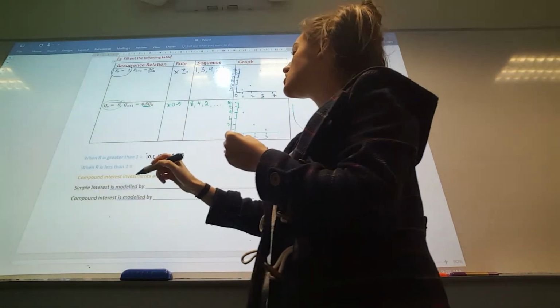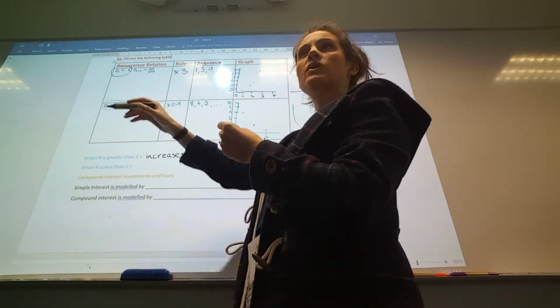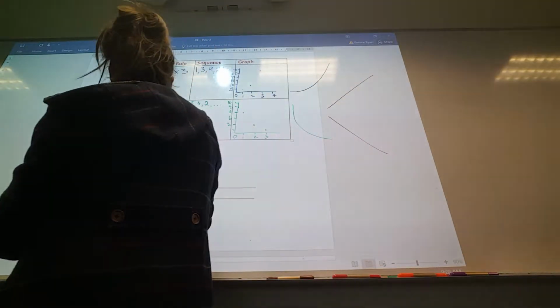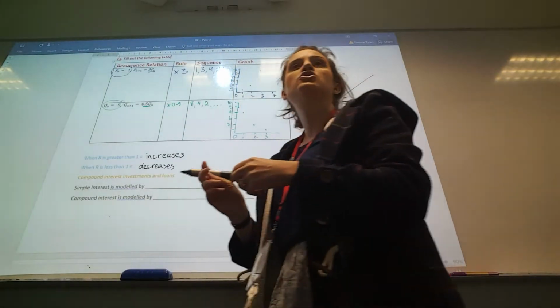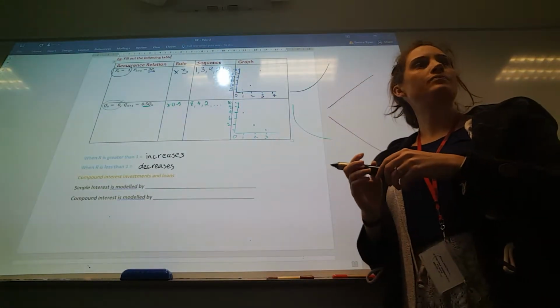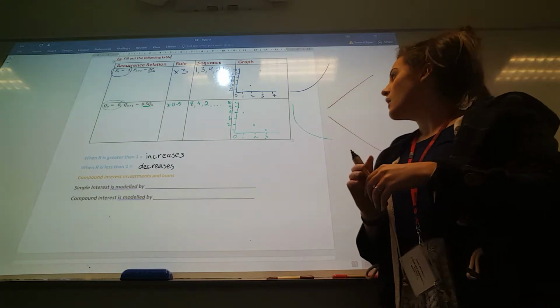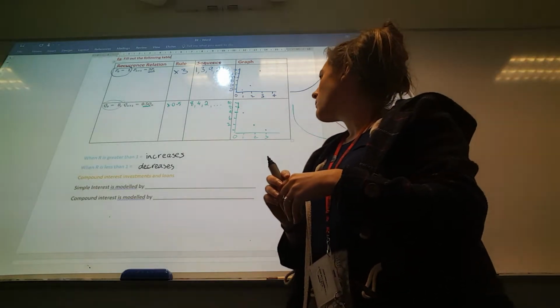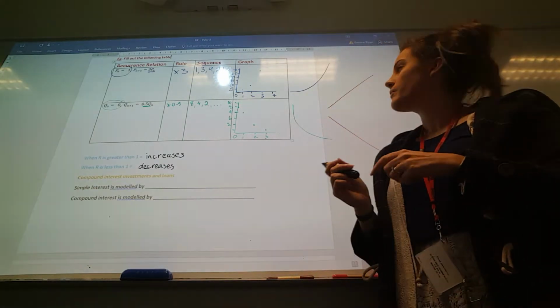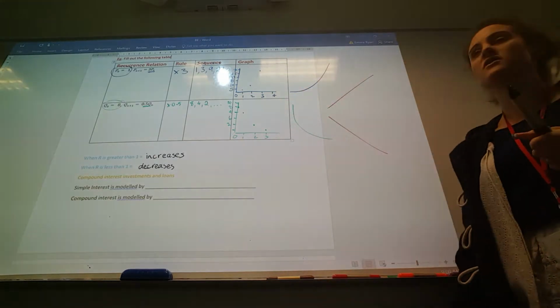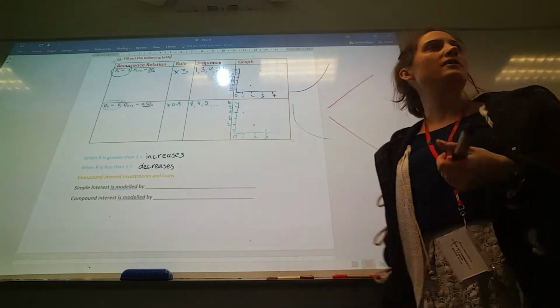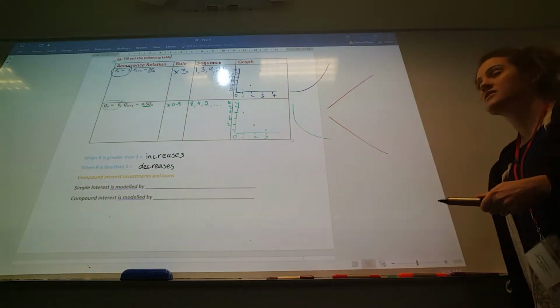And when our ratio is less than 1, so when it's a smaller number, our sequence should be decreasing. Do we join the dots? No, just leave them as dots. I've just drawn it like that so you can see what it should be looking like, because my graphs aren't to scale.